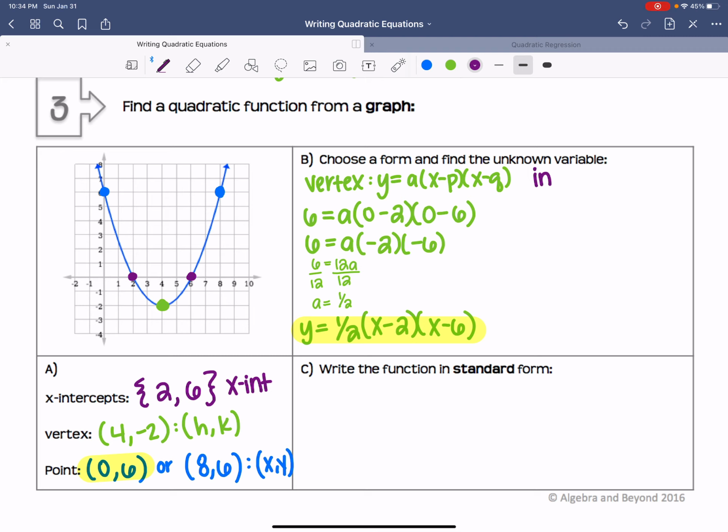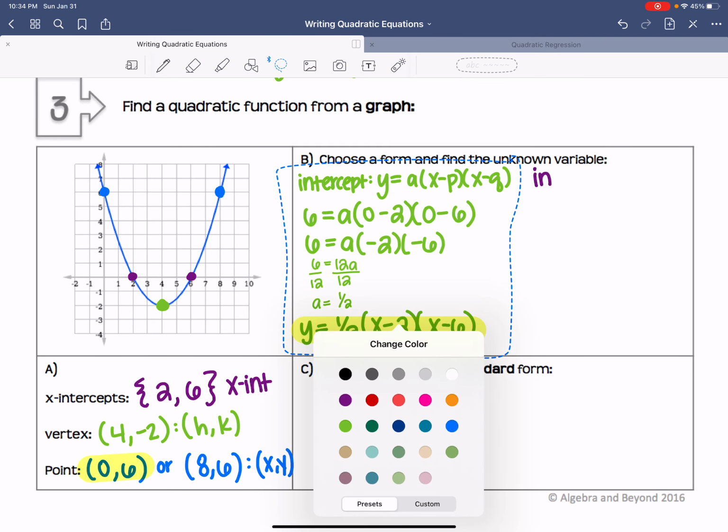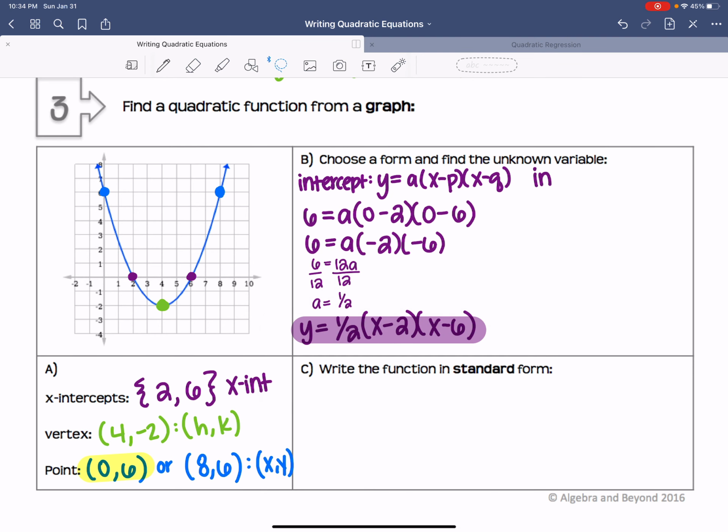Let's just turn all of that purple and rewrite that. So this is intercept form. Let's turn that all purple just to keep things organized.